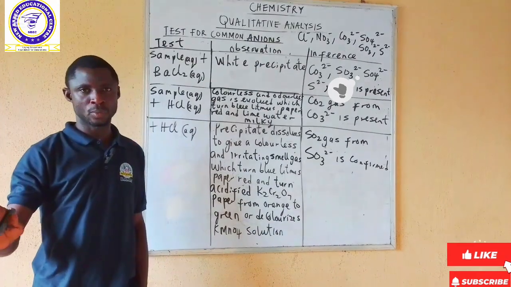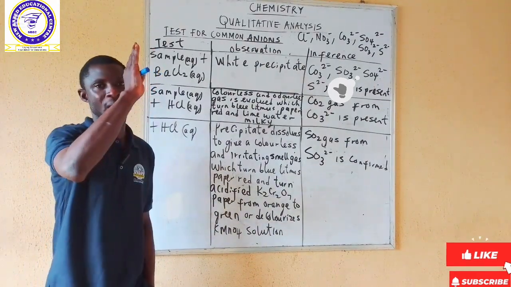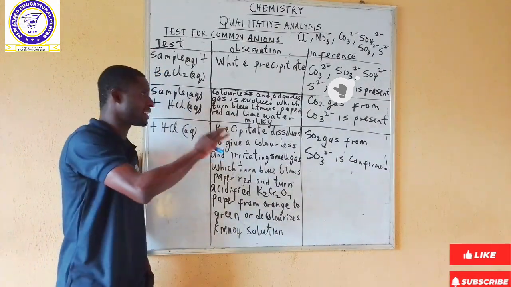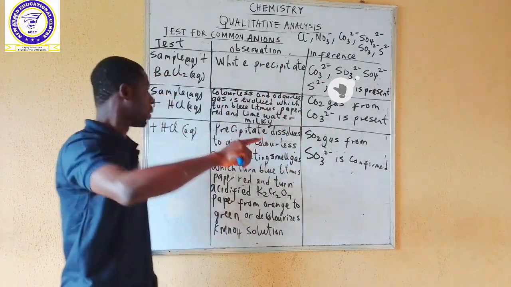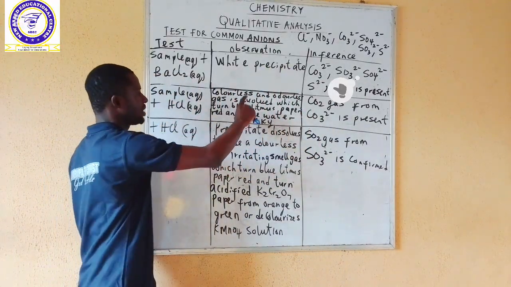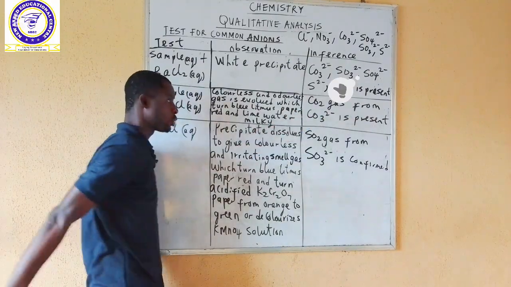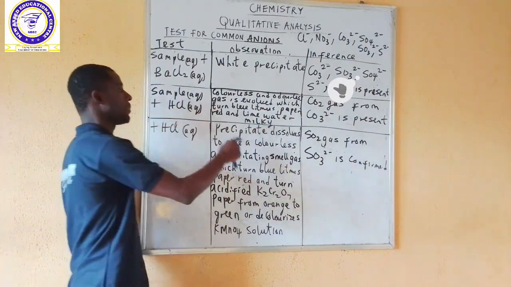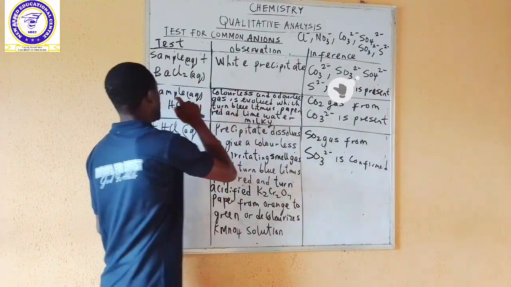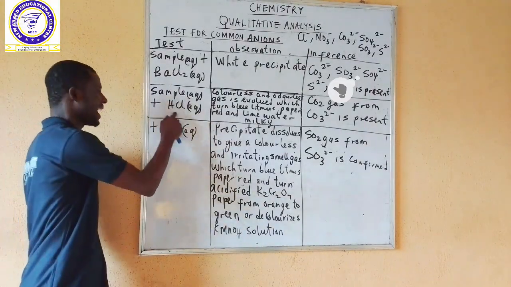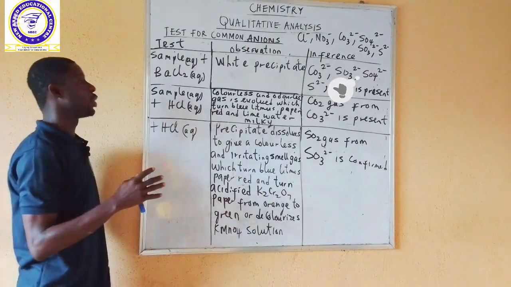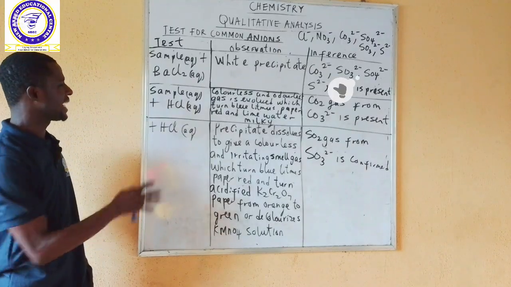If CO3 2- is present, this will be your observation, because this observation is peculiar to CO2 gas, which will be liberated from CO3 2-. When CO3 2- is inside that test sample and you add acid to it, CO2 gas will be liberated. So that is another way to test for CO3 2-.